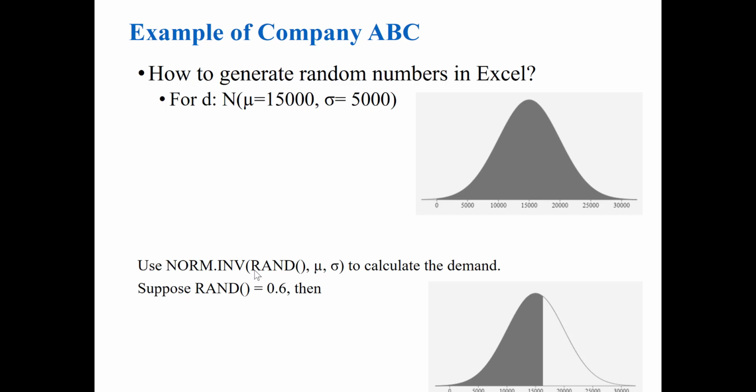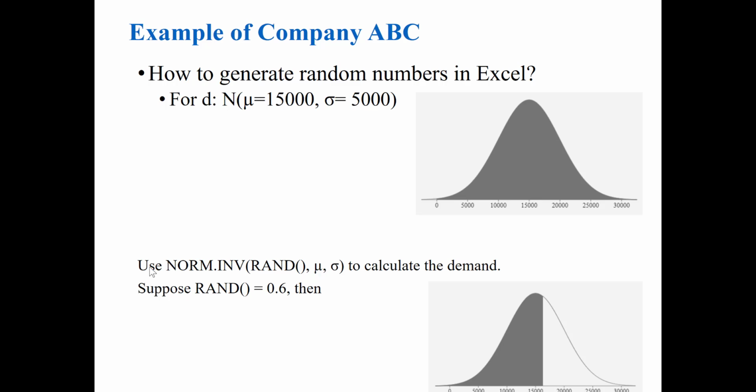So this means if you put rand, which is between 0 and 1, you are going to get a value from this function. Let's say rand is 0.6, so 0.6 means all the area from minus infinity up to this point is 0.6.